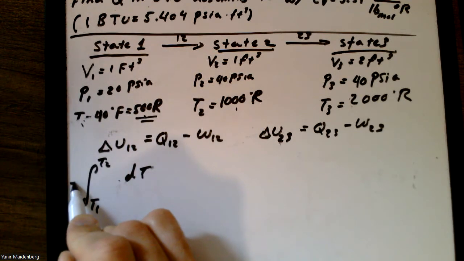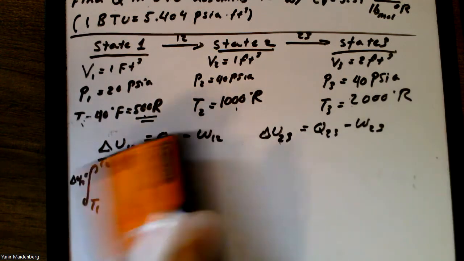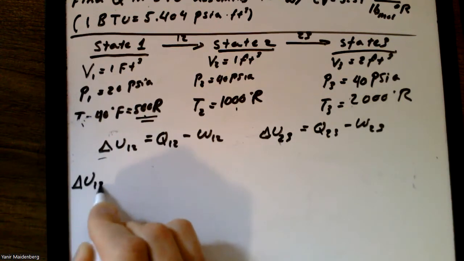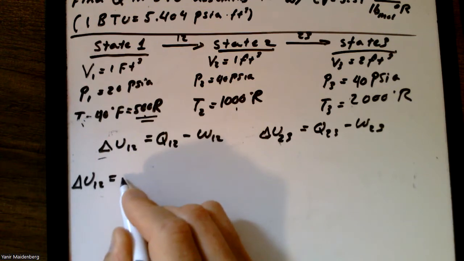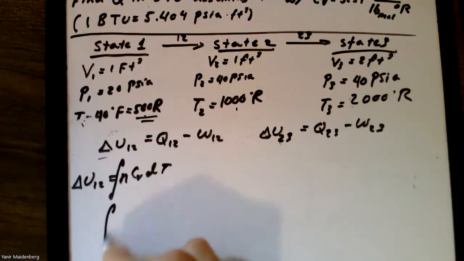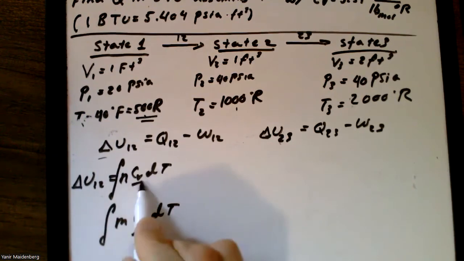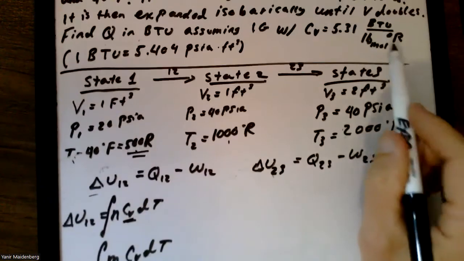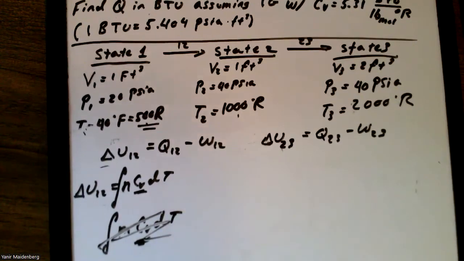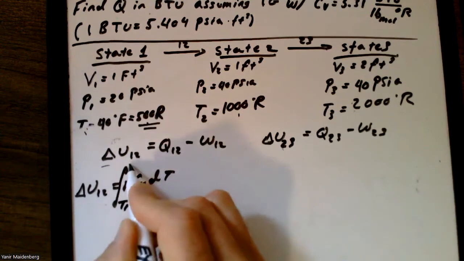I'm sorry, delta U 1,2 is equal to either N CV dT or M CV dT. It just depends on the units of CV. What CV do I have? It's in pound moles. So I don't want to do that. I'll use N. I have moles. So cool. I'm going to use this, and it's going to go from T1 to T2.